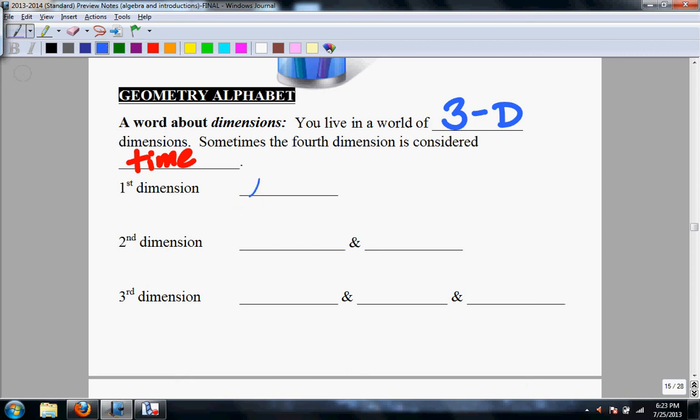The first dimension is things that only have length. That's considered 1 dimension. So think of a piece of string that your cat would play with. It's 1 dimension. The second dimension is things that have length and width.